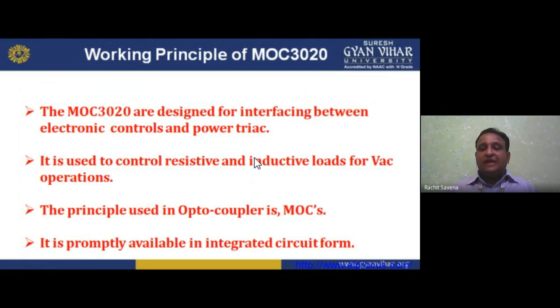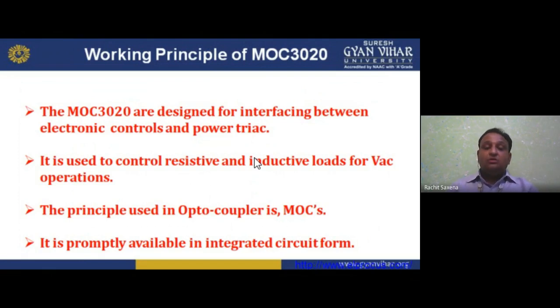The MOC 3020 is designed for interfacing between electronic controls and power triac. A triac is a thyristor for AC, similar to a diode in AC. It is used to control resistive and inductive loads for VAC operation, that is, voltage AC operation.